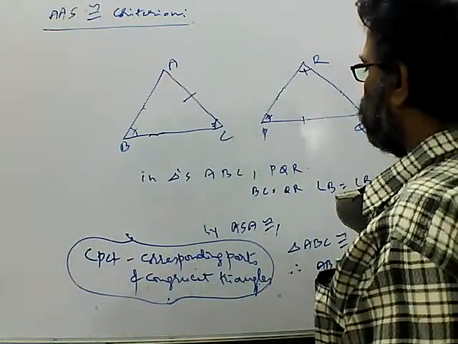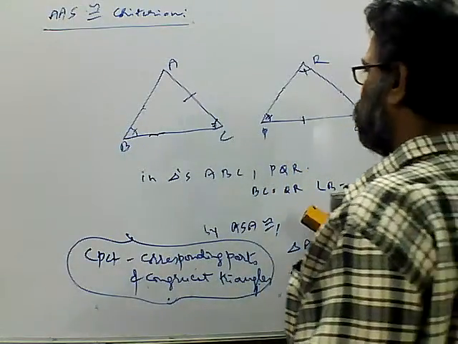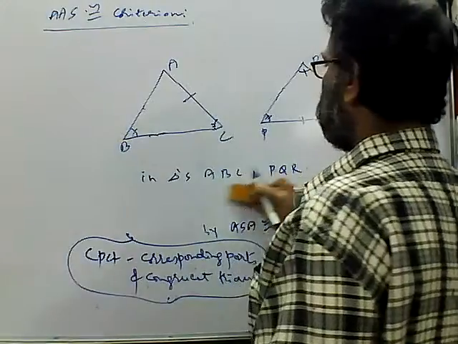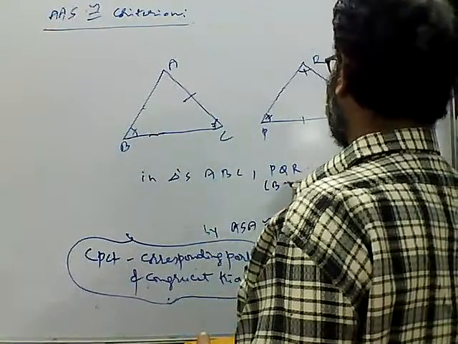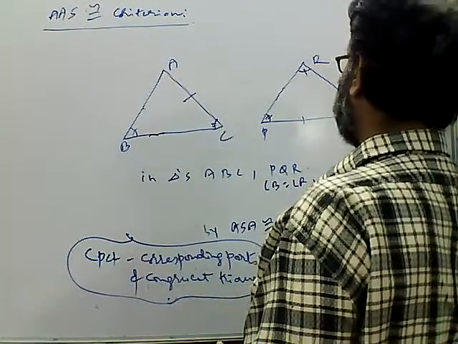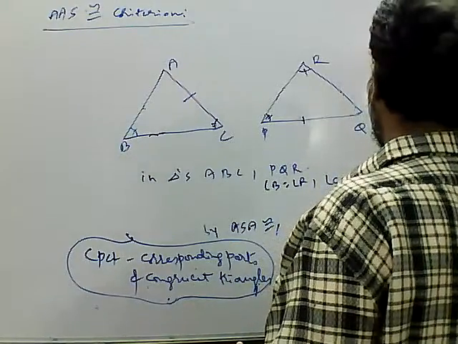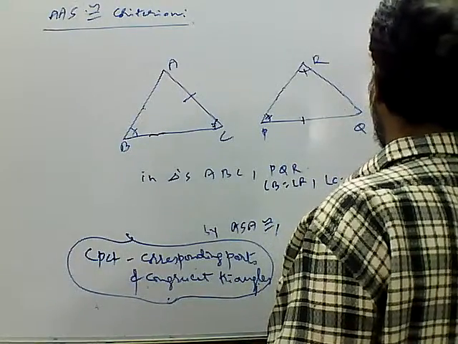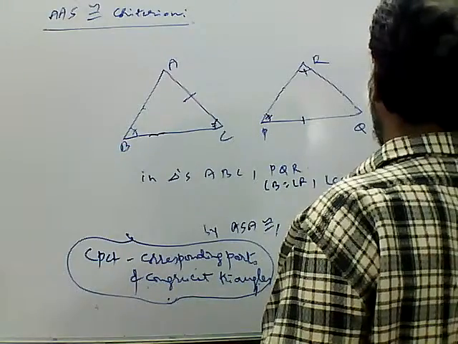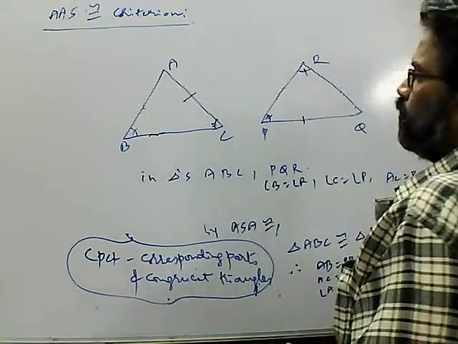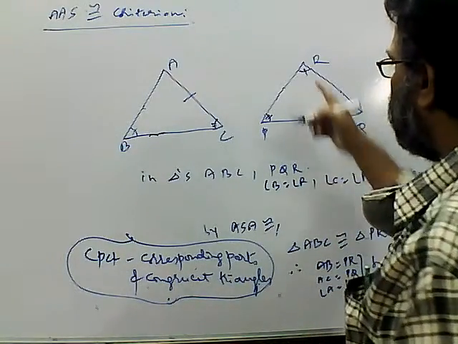Okay. So in triangles ABC and PQR, what can you say here? Angle B is equal to angle R. Angle C is equal to angle P. And AC is equal to PQ. Respective parts only. Angle, angle, side.